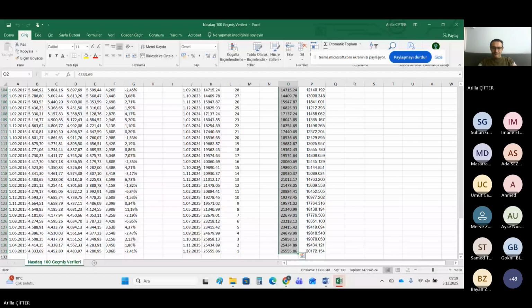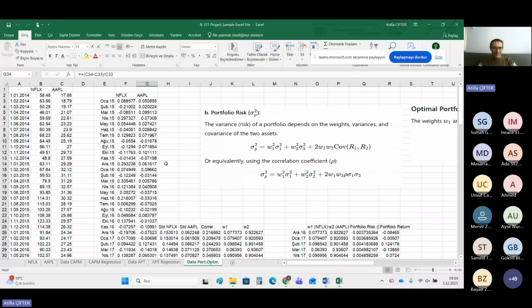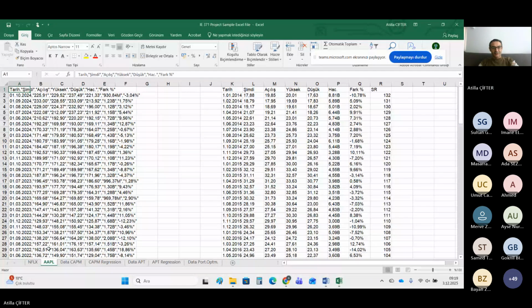So here are old data. We understood how we need to update data, upload the data from investing.com, and you also need to take your second stock, individual stock, in my case is Apple. In your case, you need to look at your stock exchange and then take the first and second, and then download and convert with this same approach.